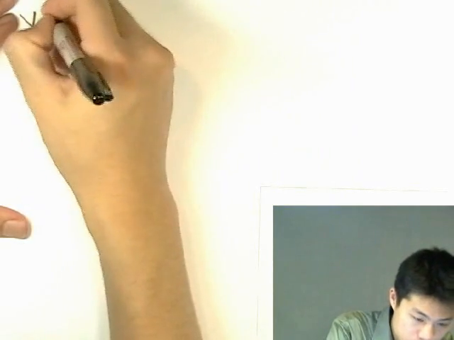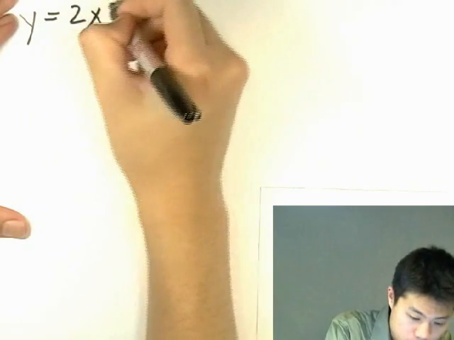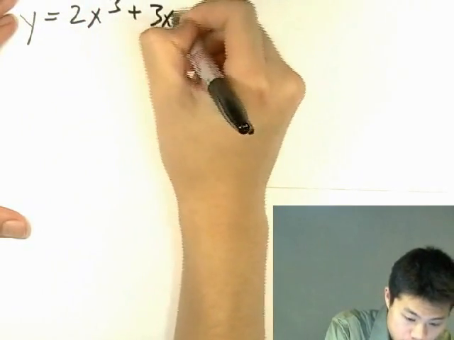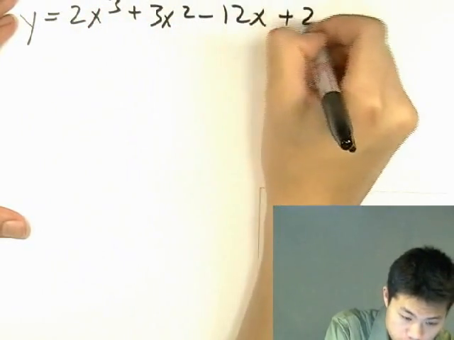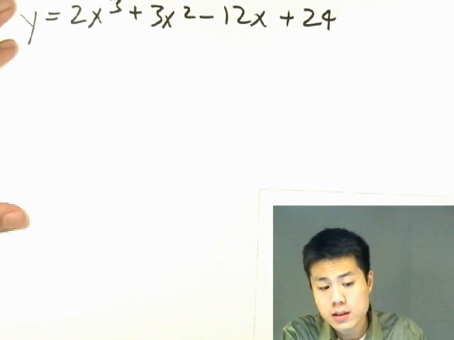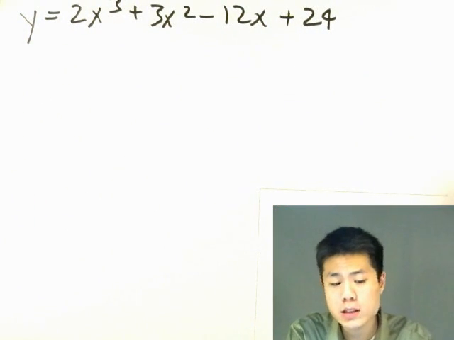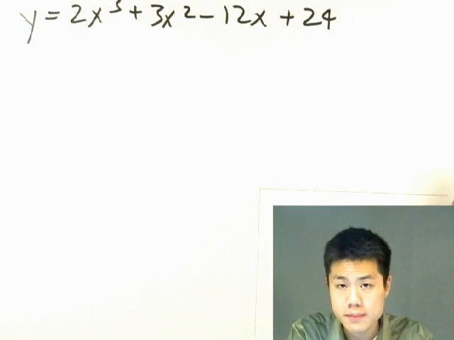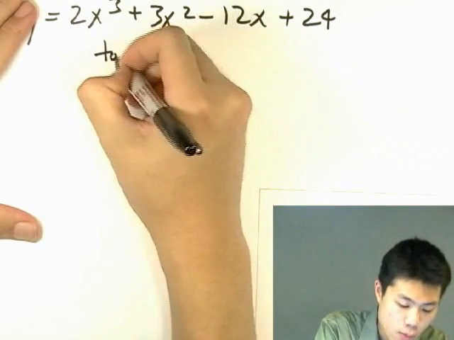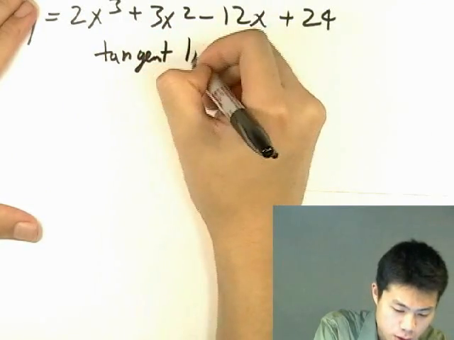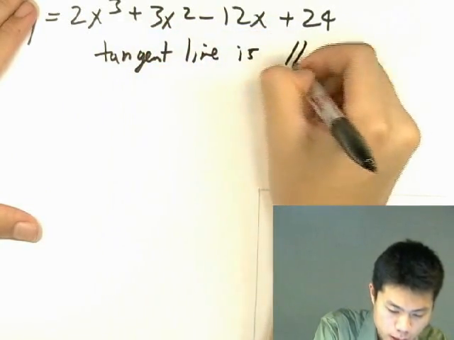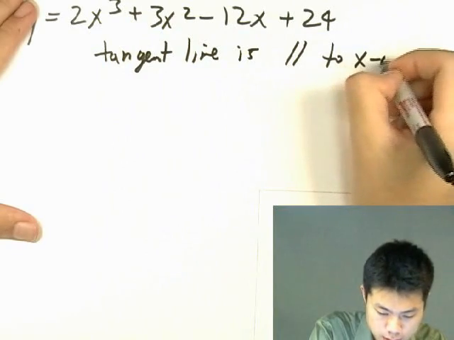So the example here is y is equal to 2x cubed plus 3x squared minus 12x plus 24. And what I want to know is at which points on the graph is the tangent line parallel to the x-axis. So I want to find the points at which the tangent line is parallel to the x-axis.